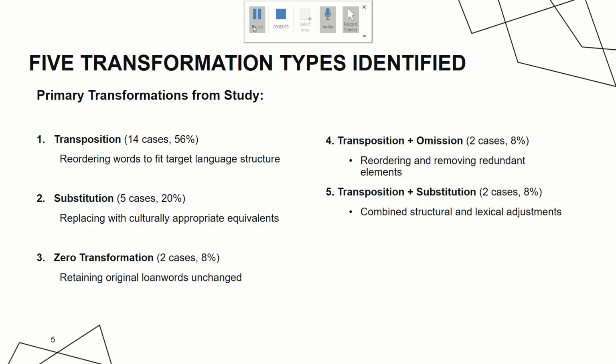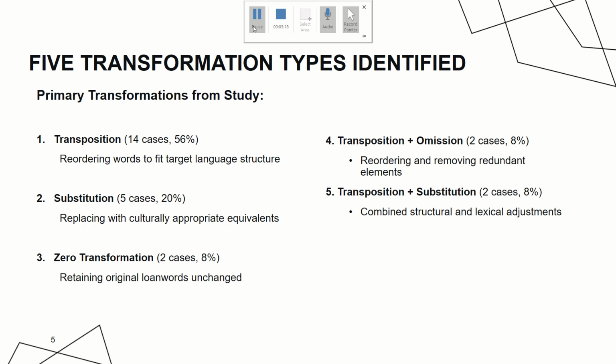So from our analysis of the 25 terms, we identified 5 primary transformation types. 1. Transposition, the most frequent with 14 cases, 56%.